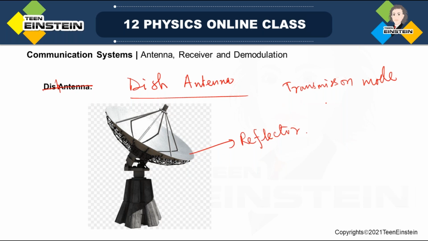Dish antennas can be used as receiver or emitter also. It can transmit or receive microwaves, and very high frequency, ultra high frequency radiations.